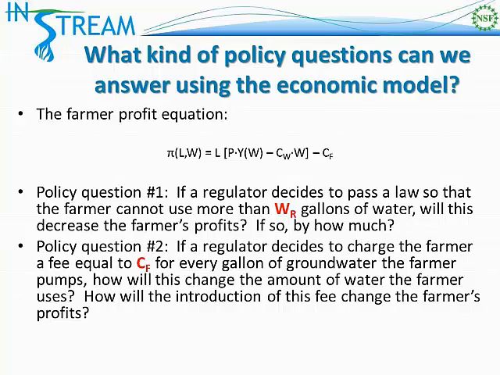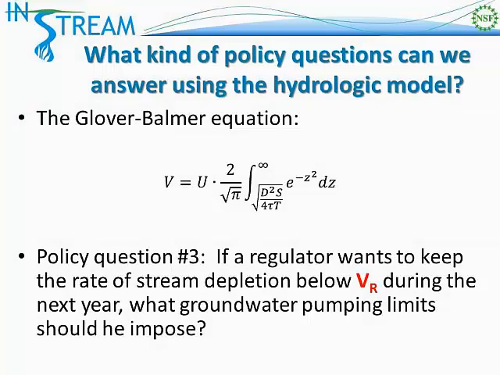So, in summary, this model also allows us to address policy question number 2, which is related to a policy in which we are now going to charge farmers a fee for every unit of water that they pump. So those were 2 questions that we could address using the economic model.